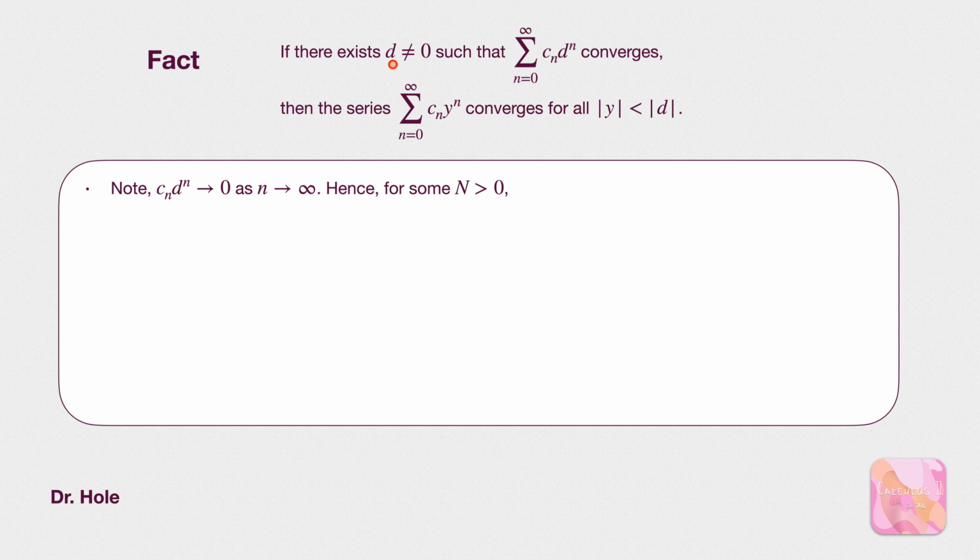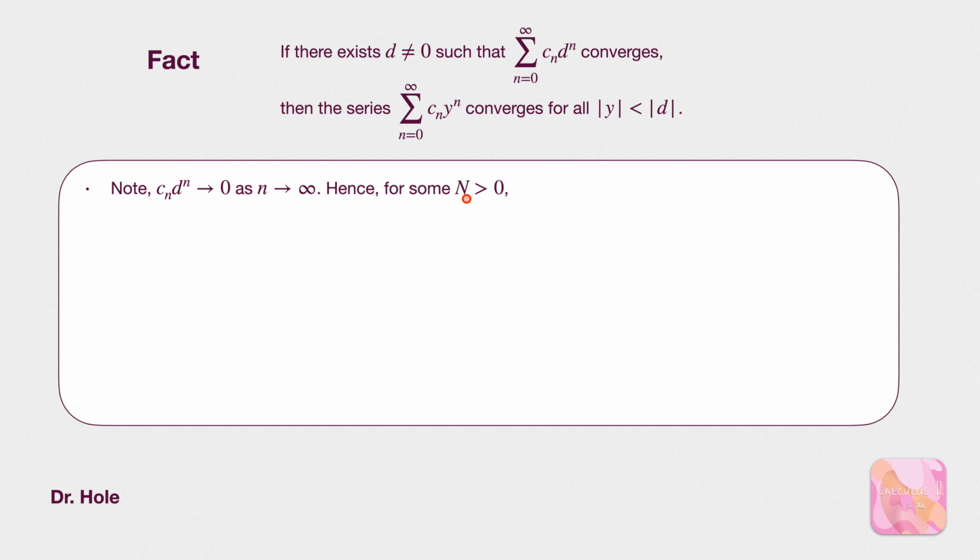Where are we beginning? We have a convergent series. What does it mean for the series to converge? Well, one thing is that the terms that we're summing up must go to 0. So we can make that statement that the Cn times d to the n will go to 0 as the index n goes out to infinity. Well, if these quantities are tending towards 0, they're becoming small.